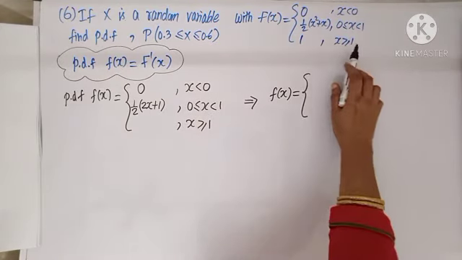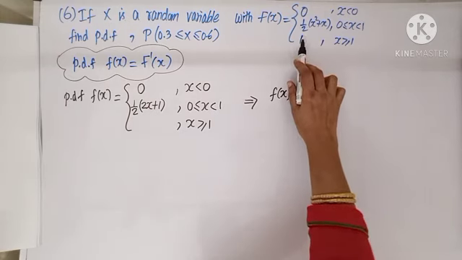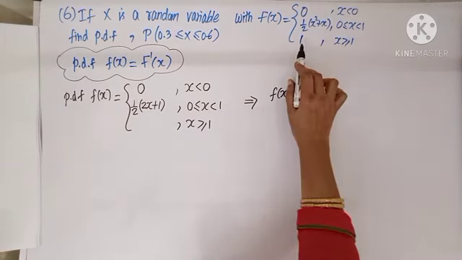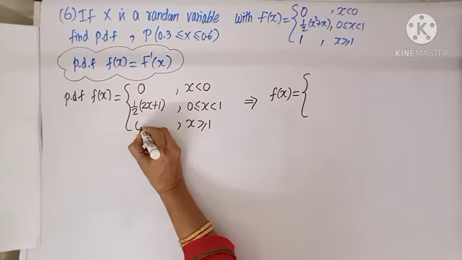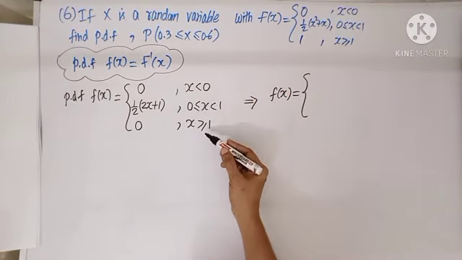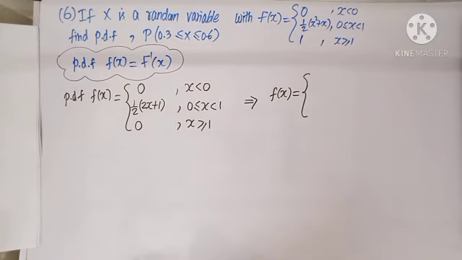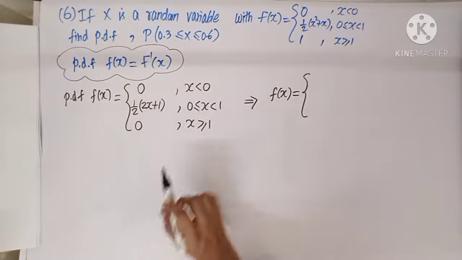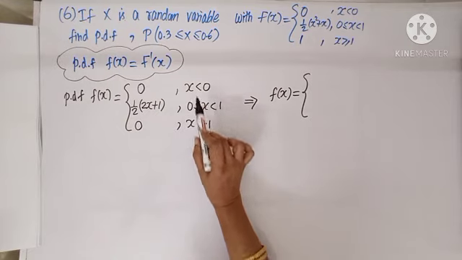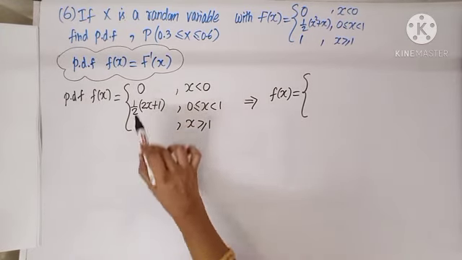When x is more than or equal to 1, 1 is coming. Differentiating 1, which is a constant, it will become 0. As I see, below 0 and above 1, my answer is 0. So the function is defined in the 0 to 1 interval. In the remaining places it is found to be 0.